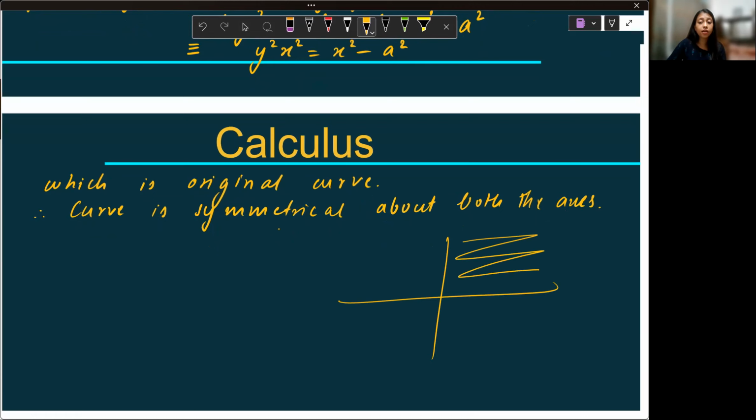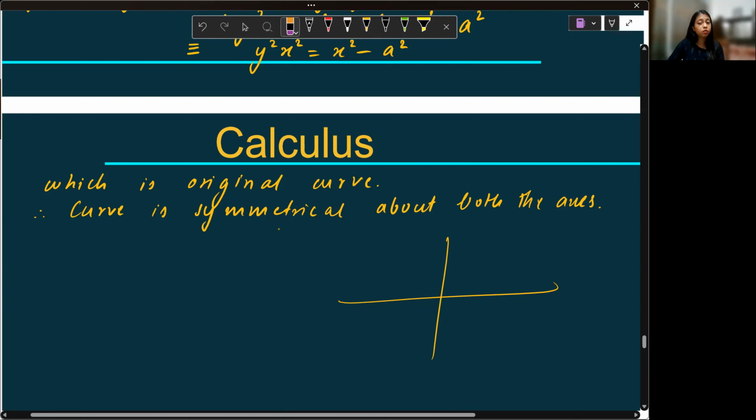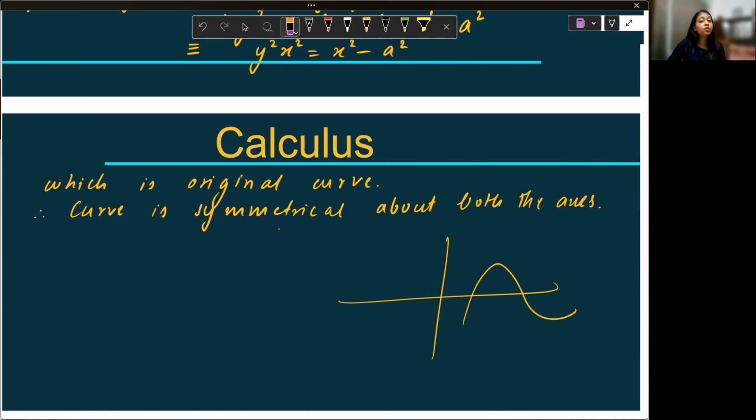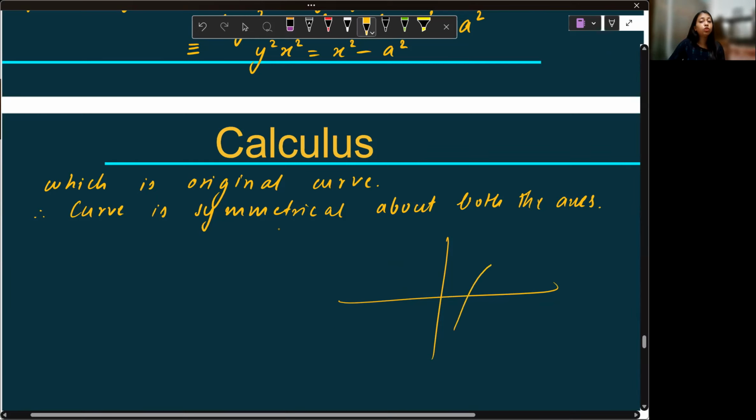So if I can trace in the positive section of the x-axis, on the right side of your y-axis, that means it will be similar on the left side. And my job is only for this portion, okay?